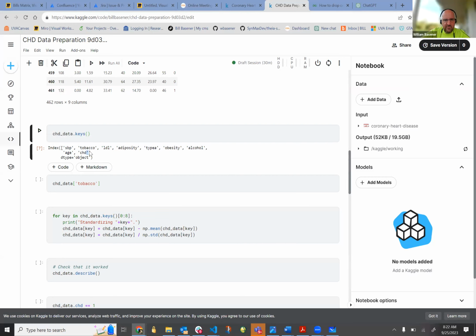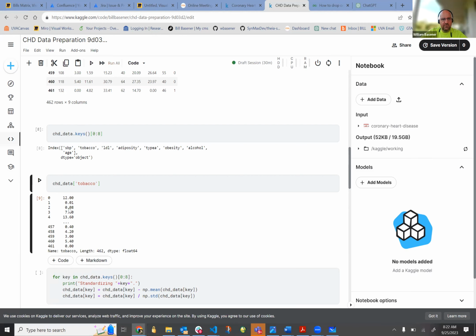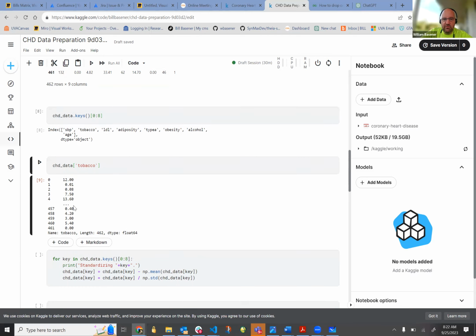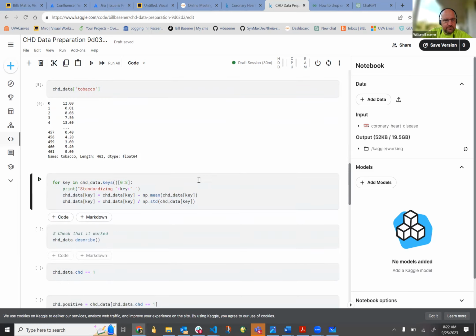Now it includes this CHD column, but I only want the first 8, because these are the ones we're going to normalize. Let's look at just the tobacco column. Each row is an observation, or person, and what's given is the number of kilograms per year that person uses in tobacco.